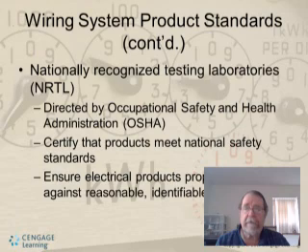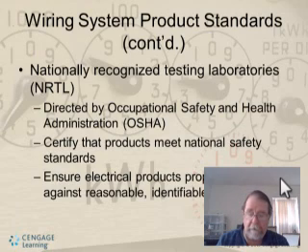Nationally recognized testing laboratories were directed by OSHA, which is the Occupational Safety and Health Administration. They also certify that products meet national safety standards and ensure electrical products properly safeguard against reasonably identifiable risk.